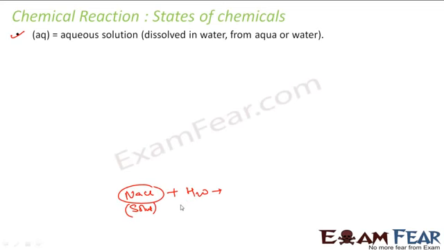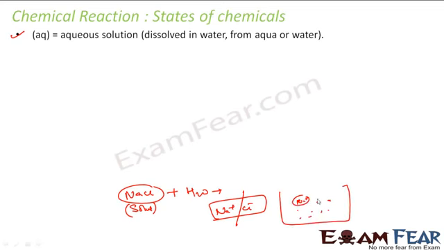Why? Because NaCl is nothing but Na plus and Cl minus ions. There's an ionic bond. We'll explain all these bonds in later chapters. So the bond breaks, and in the water, this Na plus and Cl minus flows. This is an aqueous solution, because it is a dissolved thing.